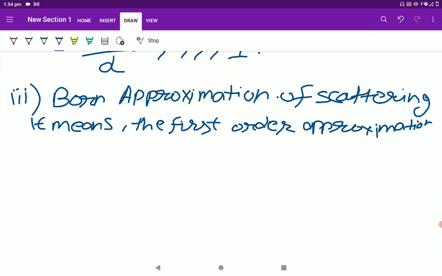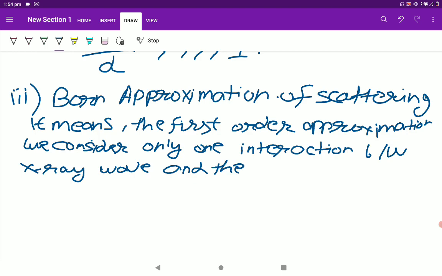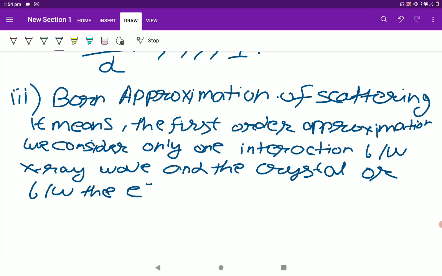We consider only one interaction between the X-ray wave and the crystal, or between the electron or neutron and the crystal.